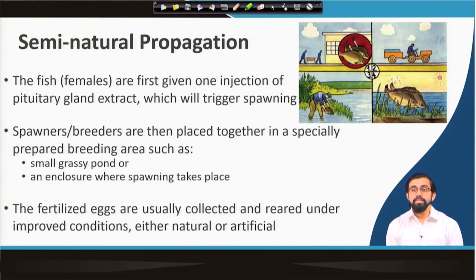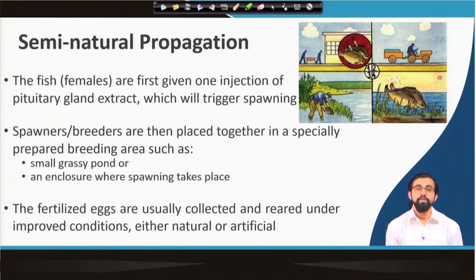The second type is the semi-natural one. Here we are not completely depending upon natural procedures, rather we incorporate some additional artificial methods. So it is not entirely artificial propagation, but a semi one. In this case we first inject the female fish with pituitary gland extract, which triggers the spawning activity in them.